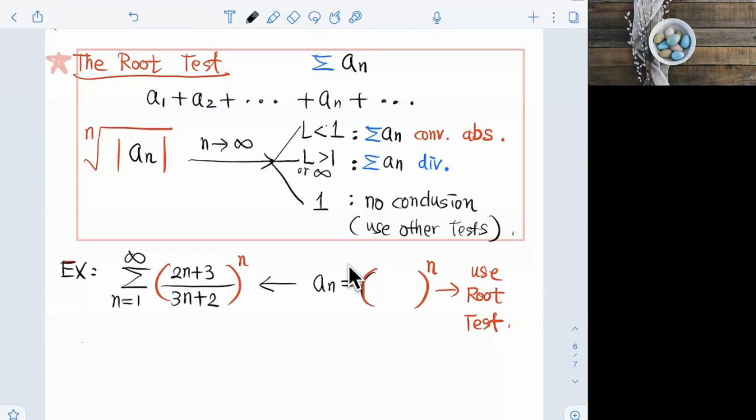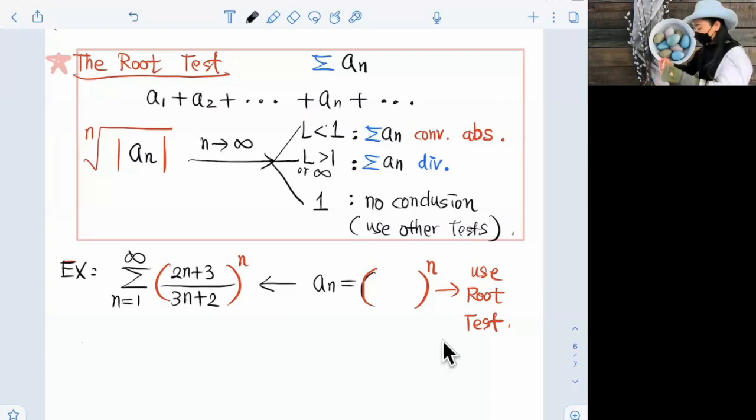It looks like the a_n here is this to the n power. If you take the n root of this, what happens to the n root and the n power? They cancel, right? So that suggests that the root test is a good candidate for this kind of series. When you have this to the n power, that suggests using the root test.